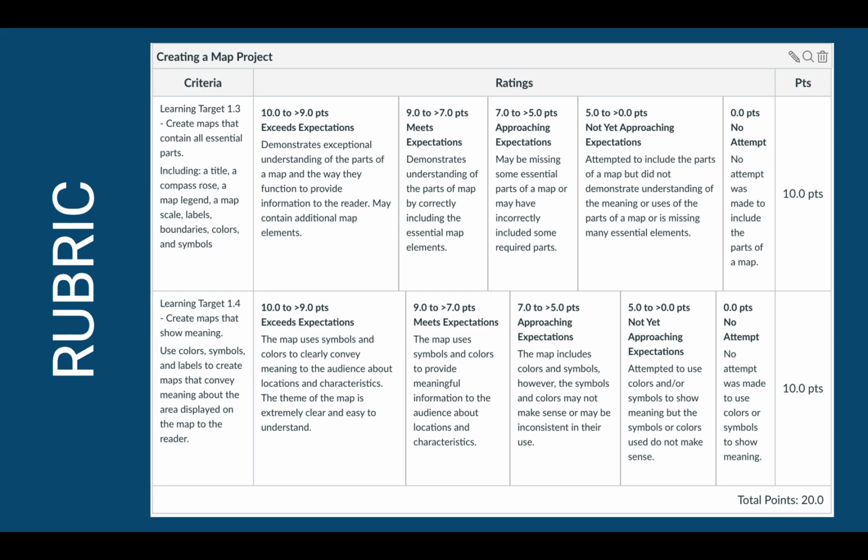Okay? Lastly, make sure you guys are checking out your rubric. Okay? Meeting expectations with 1.3 here demonstrates understanding of the parts of a map by correctly including the essential map elements. That's all that stuff like title, compass rose, scale, key, legend, symbols, things like that. Okay, and then down here below, the map uses symbols and colors to provide meaningful information.